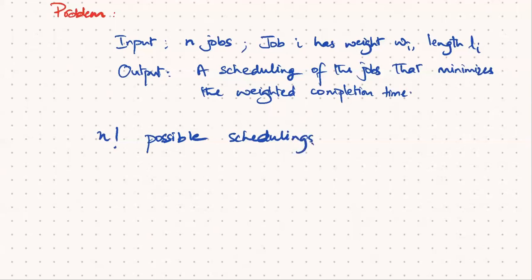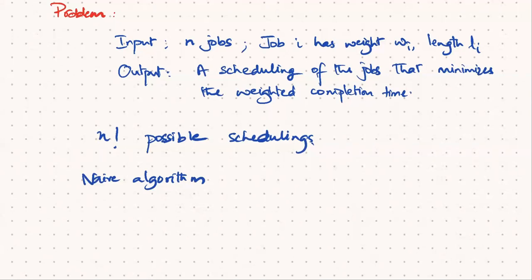So if we have to do this naively, a naive algorithm will look at all possible schedulings. For each scheduling, it will compute its weighted completion time and pick the one which has the least.